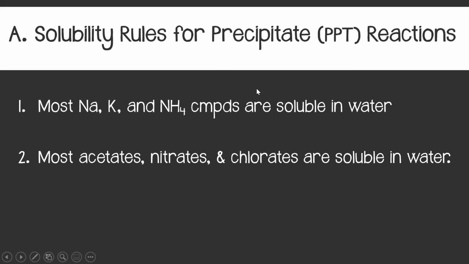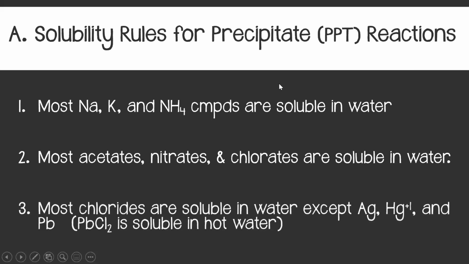So if you see any of those, soluble, meaning they will dissolve. Most chlorides are soluble in water, except if you have silver chloride, mercury 1 chloride, or lead chloride. Another exception is lead chloride can be soluble, but it has to be in hot water. And usually we don't use hot water to make solutions.